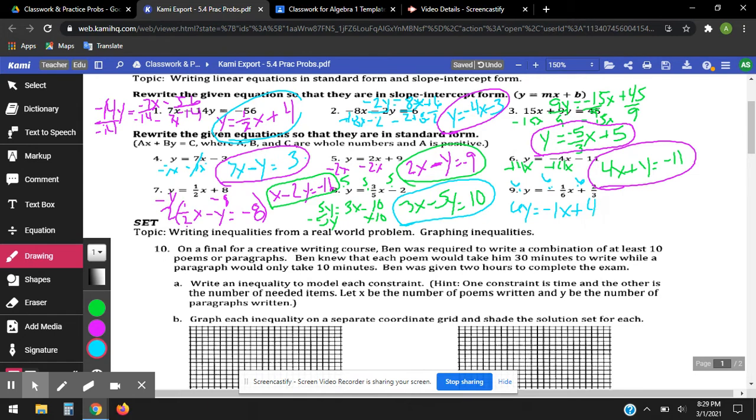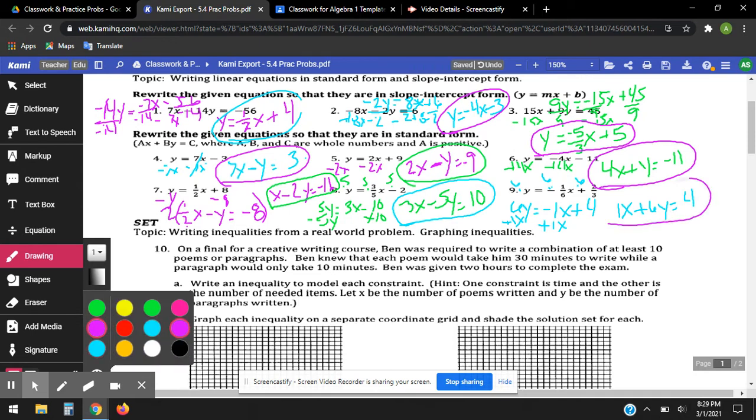So that actually makes that one a whole number too. So now I can add my 1x to both sides. And I end up with 1x plus 6y equals 4. And it works. So I hope I didn't confuse you too much on that one. I did those a little bit of a roundabout way.